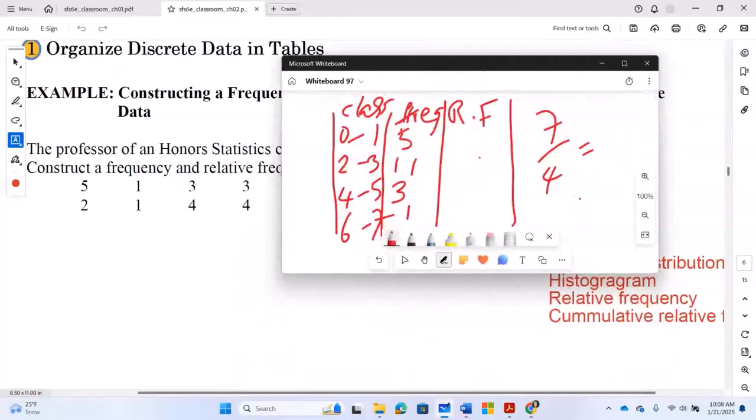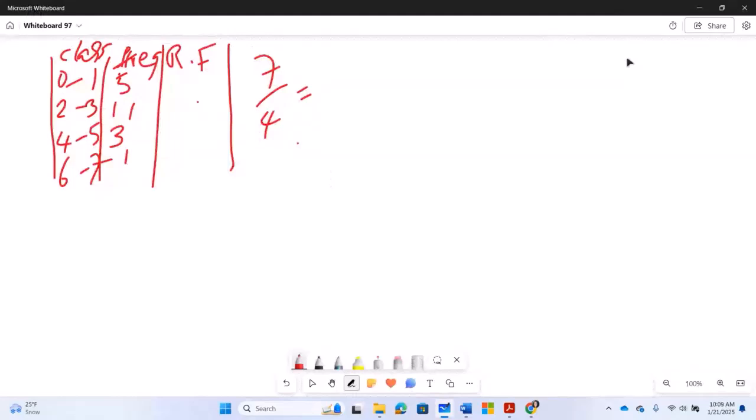So what I'm going to do quickly is find the total frequency. What is the count of all the digits? Notice that all those digits are discrete. There is no fraction. So 5 plus 11 is 16. 16 plus 3 is 19. 19 plus 1 is 20.